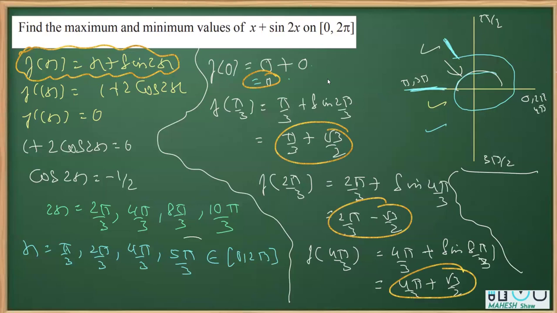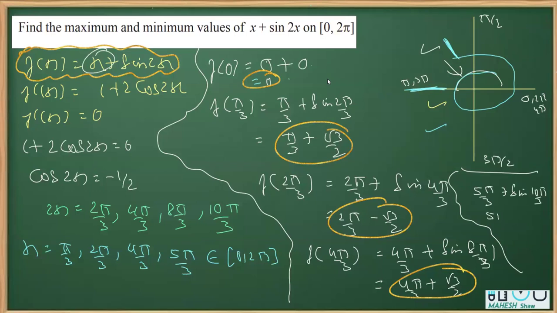The next one is 5 pi by 3. First I'm writing x here, which is 5 pi by 3, plus sine of 2x, that is sine 10 pi by 3.